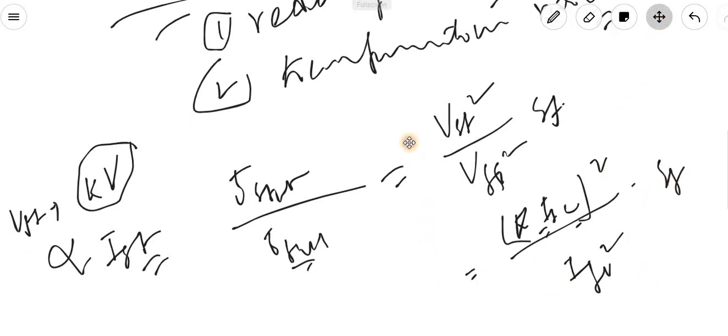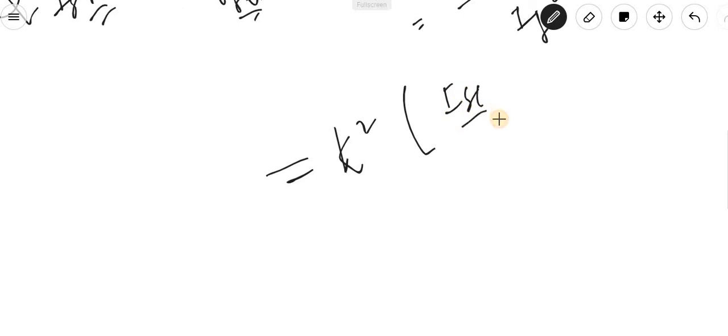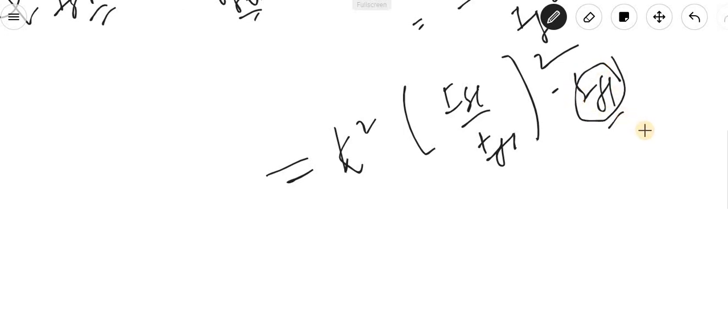So this much we can write. Clear? So simply, K square is 1 ISC, the short circuit current, into IFL square times SFL, the slip at full load.